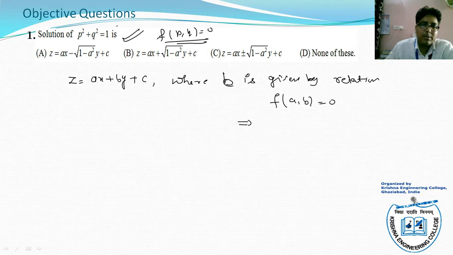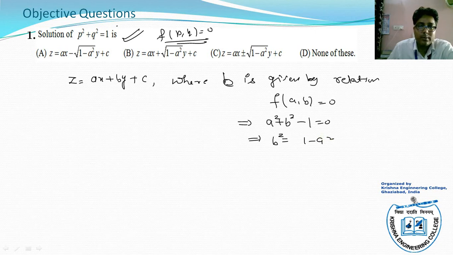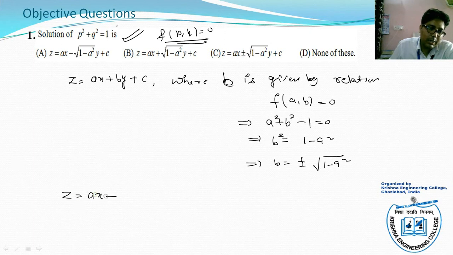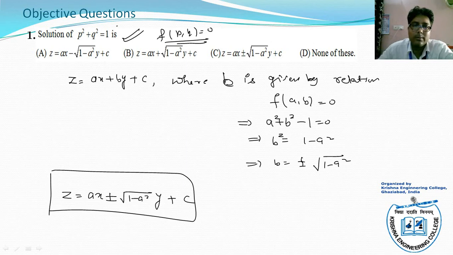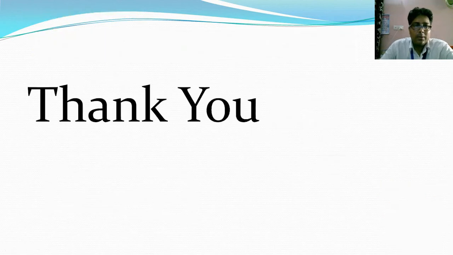That means a square plus b square minus 1 is equal to 0. That means b square is equal to 1 minus a square, so b is equal to plus minus under root 1 minus a square. Right? So the solution in this case is z is equal to ax plus minus under root 1 minus a square y plus c. So option C is correct. Okay, thank you.